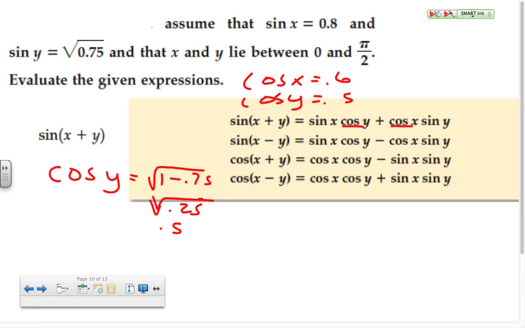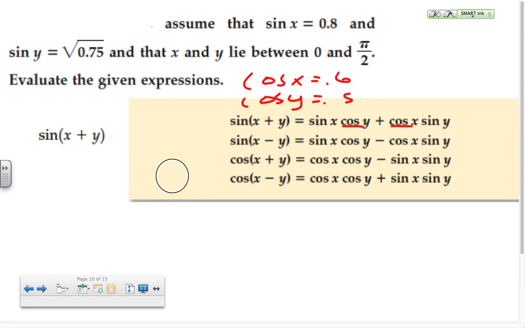So this should actually be a fairly easy problem to solve. There are no radicals. Well, there will be actually. Okay. So sine of x plus y. This rule right here. Sine of x is 0.8.